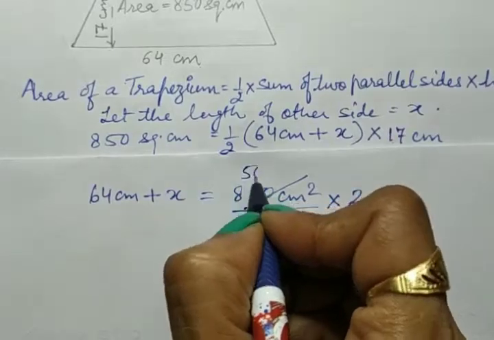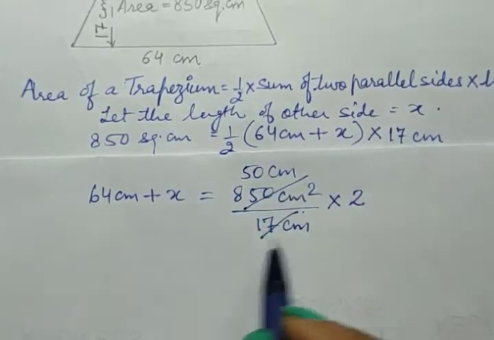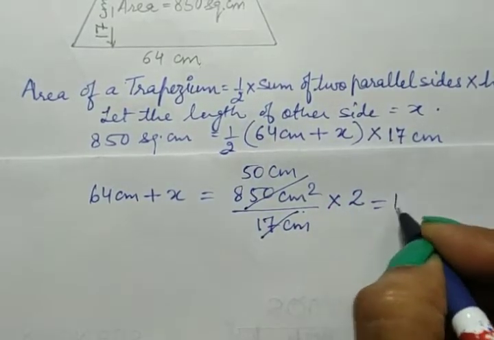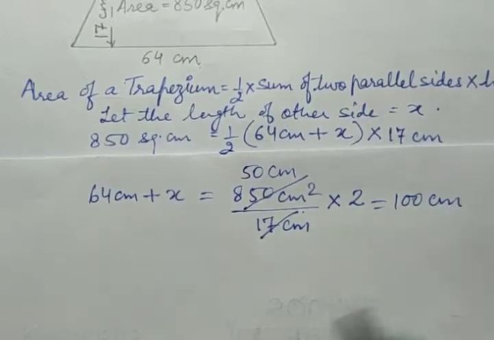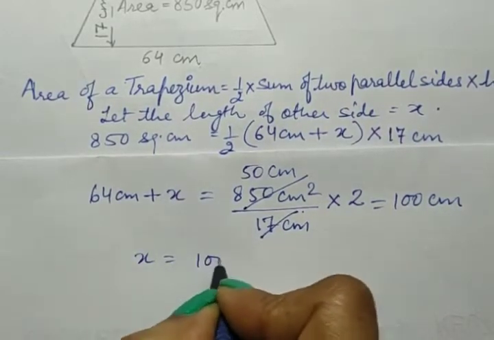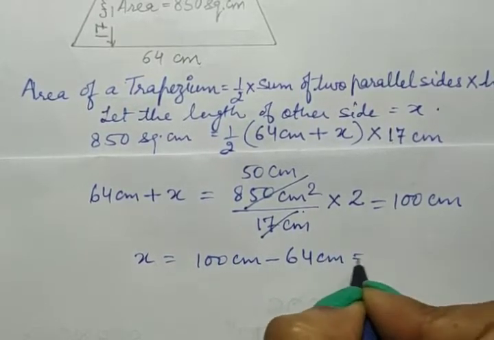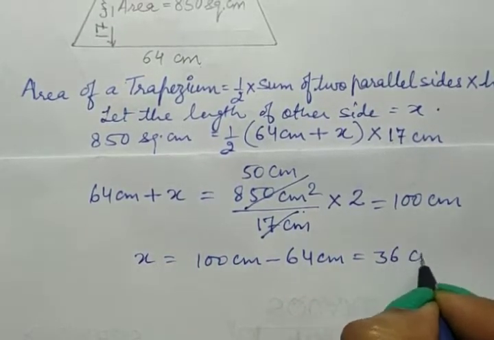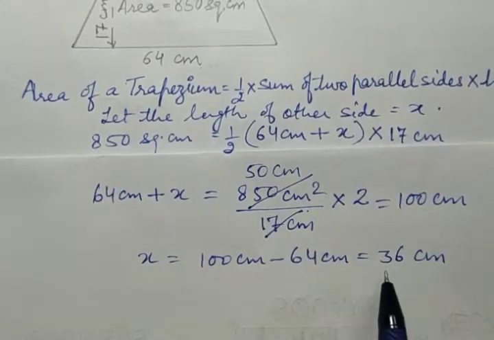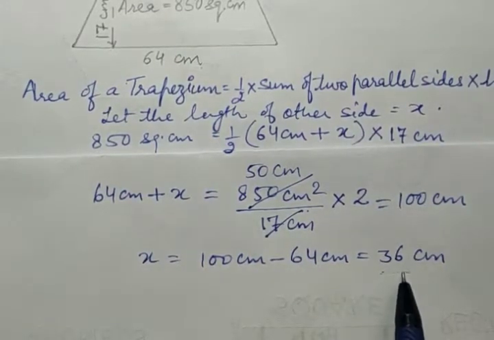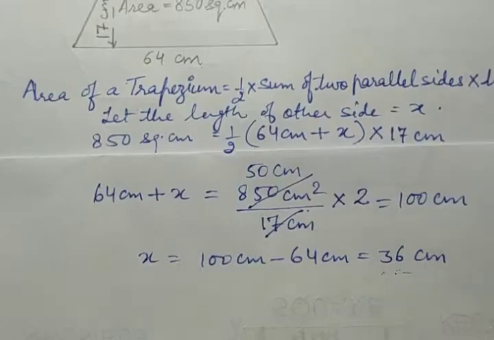We get 50 centimeter over here. After multiplication, we get 100 centimeter. x will be 100 centimeter minus 64 centimeter, and that is 36 centimeters. So this is the length of the other parallel side.